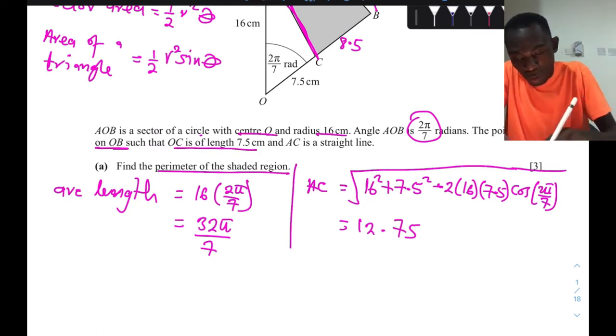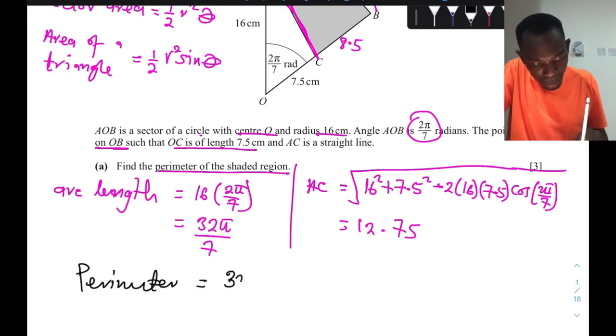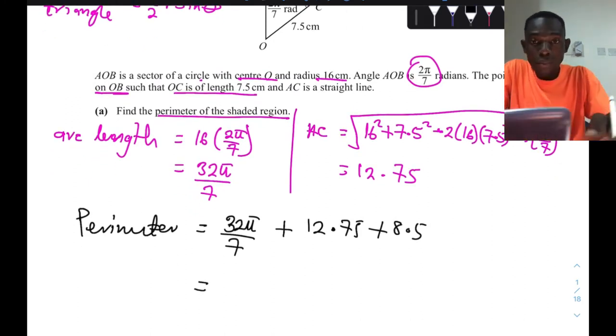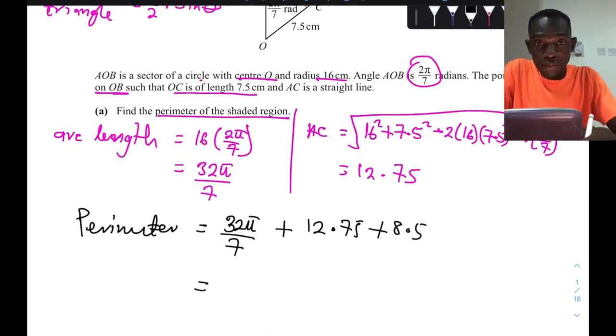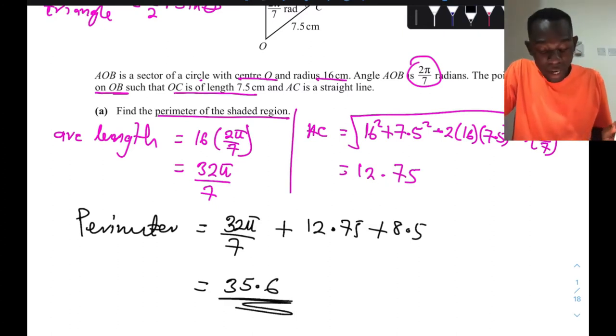So perimeter will be equal to 32 pi over 7 plus 12.75 plus 8.5, and that should give us 35.6, 3 significant figures, and then you are done.